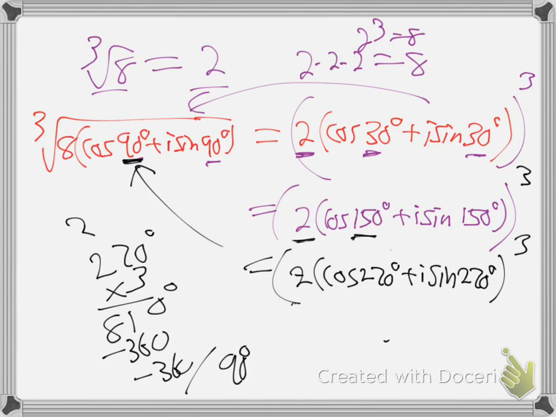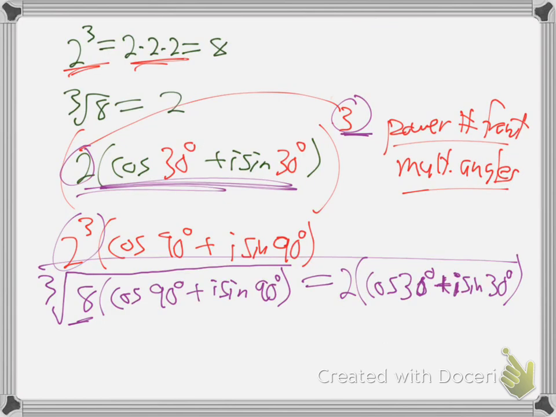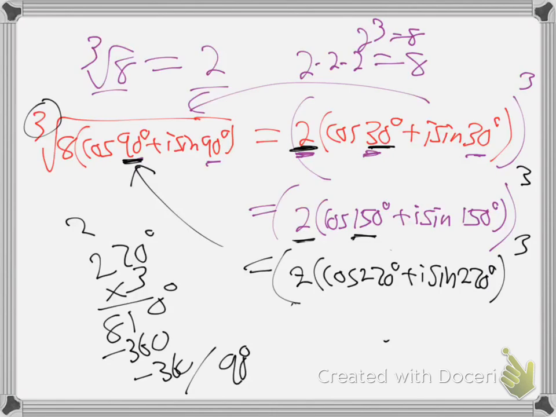Now, I'll show you how I'm finding those. But are you getting the idea? When you do a third root, you can't just simply root the number in the front and divide the power. That's the main idea. You with me? To root things, one more time: when I do a power, like a third power on something, I power the number and I multiply the angle.